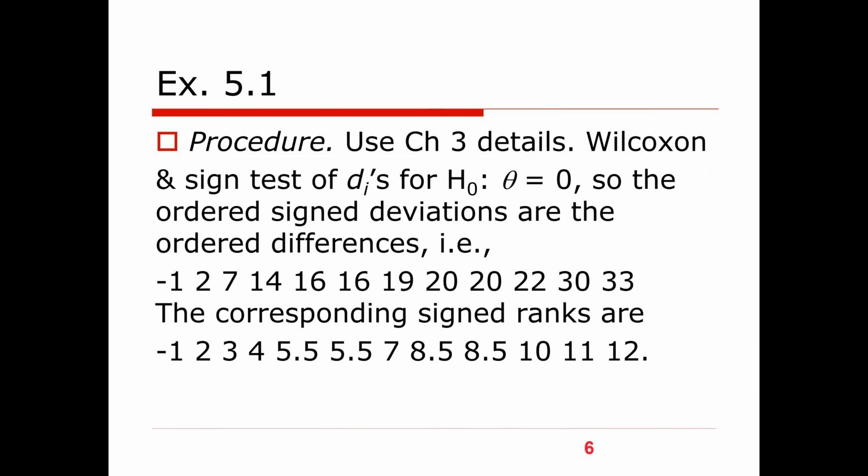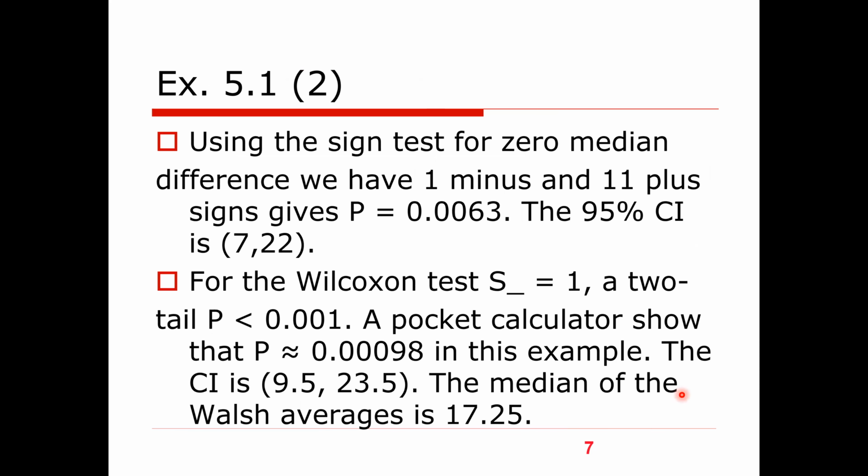First we order the differences, the Dis, in ascending order from the smallest to the biggest. Then we observe there are ties. So we use the mid-rank rule to get their signed ranks like this. Using the sign test, we want to test if the median is 0.